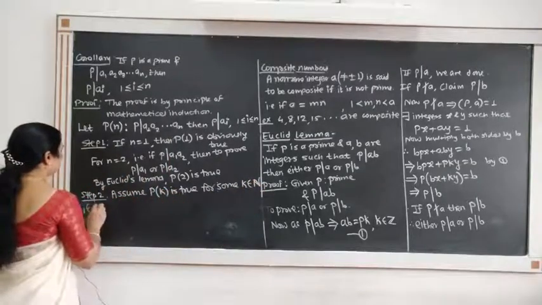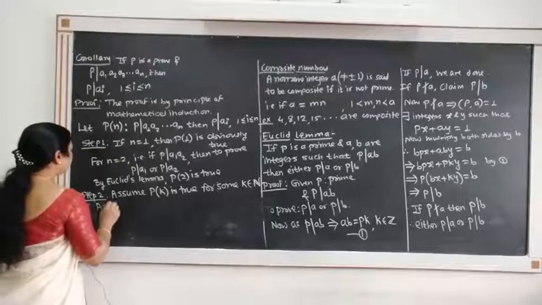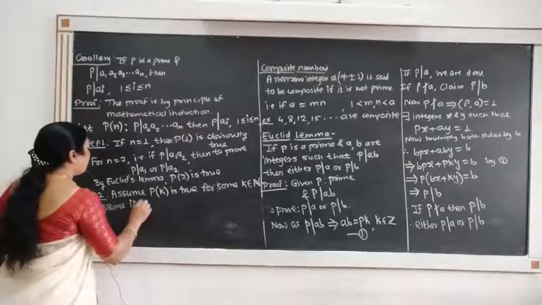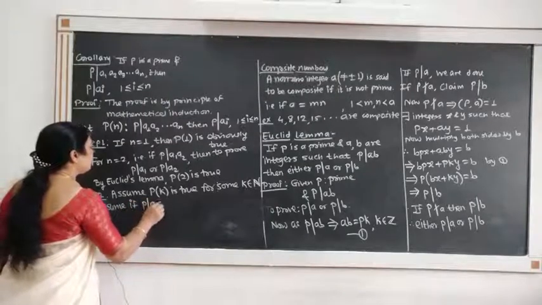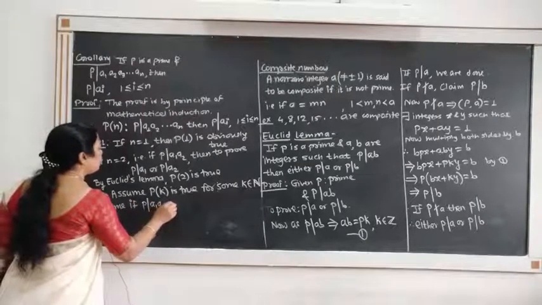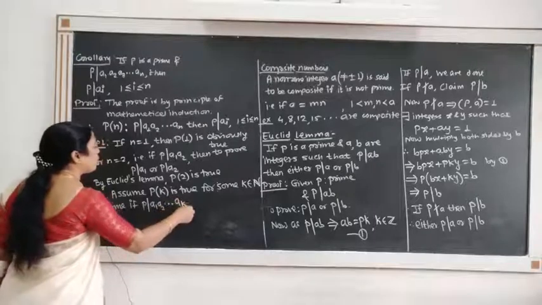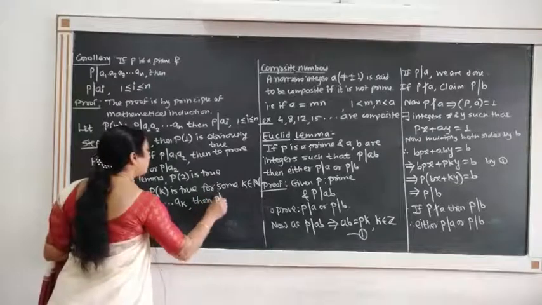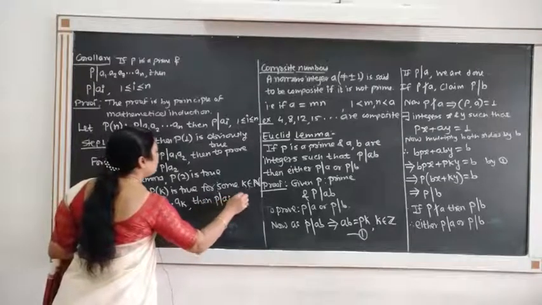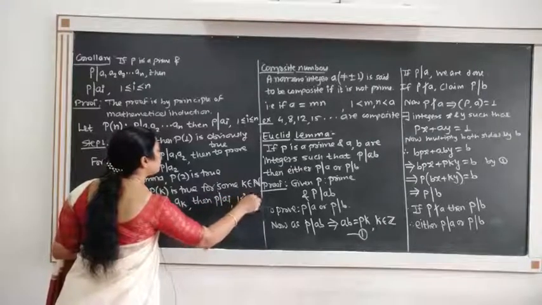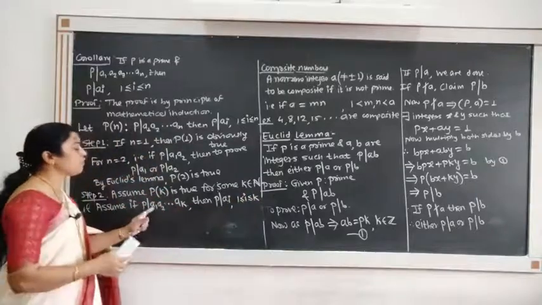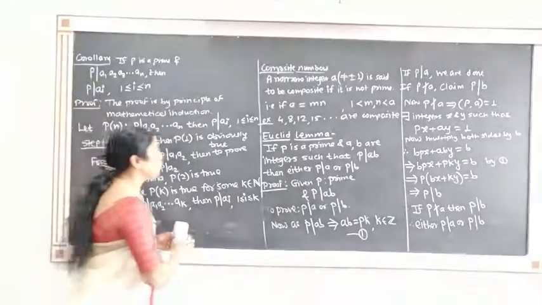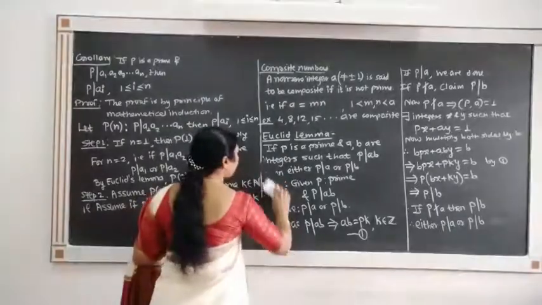That is, assume that if P divides the product A1, A2, dot dot dot Ak, then P divides at least one Ai, 1 less than or equal to i less than or equal to k. So this is given to us. That is, if P divides the product A1 to Ak, then P divides at least one of them, Ai.